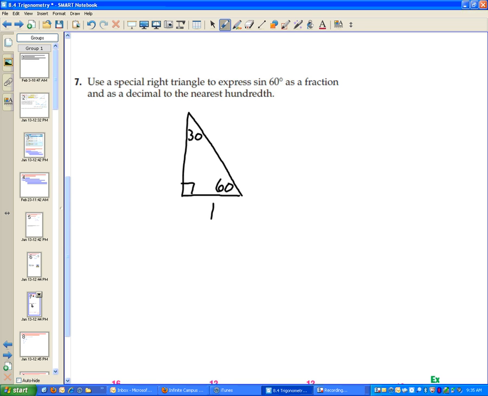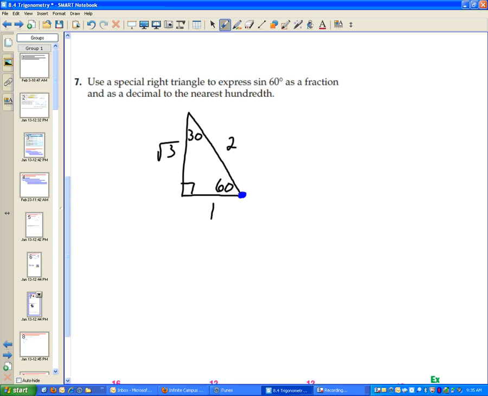So what's the length of the long leg? Square root of 3. So I'll put that here. And the hypotenuse equals the short leg times 2. So what's the hypotenuse? 2. All right, now, they want us to express the sine of 60. So there's my 60.